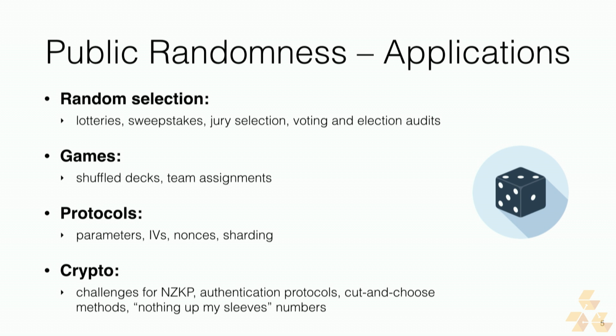And in the final category, you can also use it for crypto. For example, for challenges and zero-knowledge proofs, for authentication protocols, and so on. If you want to learn more about applications of public randomness, I encourage you to stay for the next talk, because my colleague Lefteris will present some concrete applications of public randomness to blockchains.